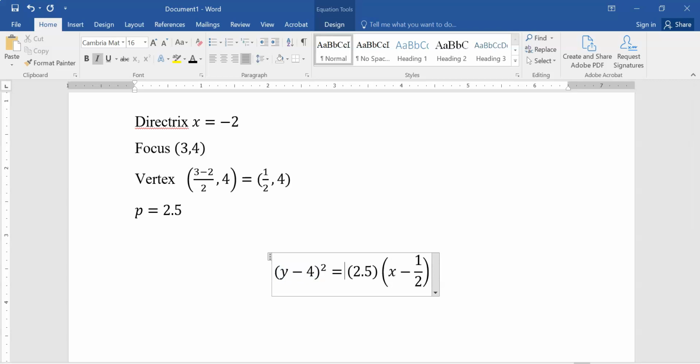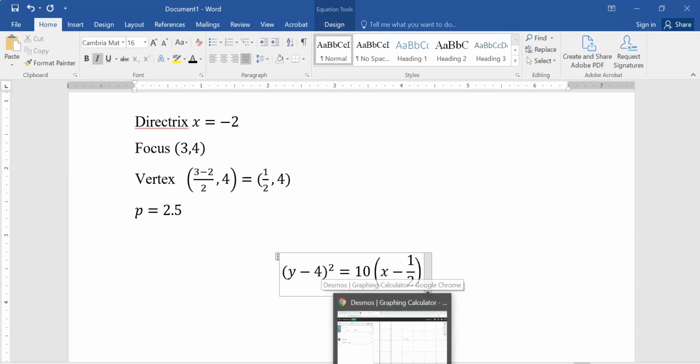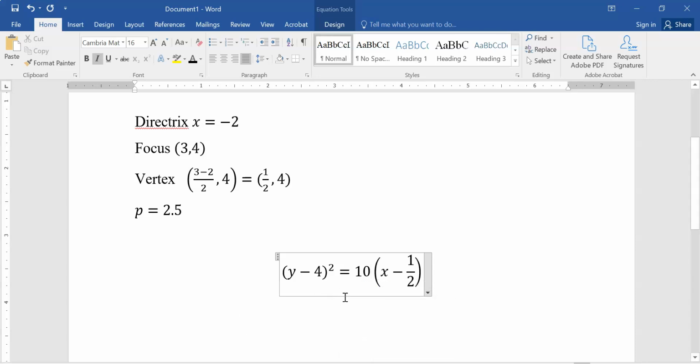So I usually like to write that out as a 10. And by the way, just like always, if you wanted to, you could use some graphing utility like Desmos or whatever you'd like, and graph that out. Let me go ahead and show you how to do that.